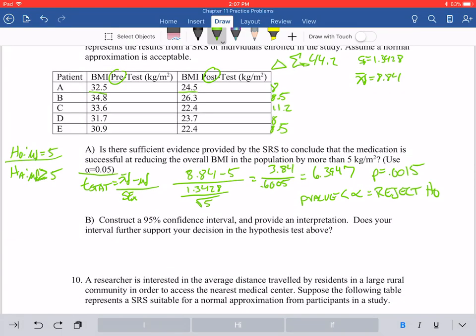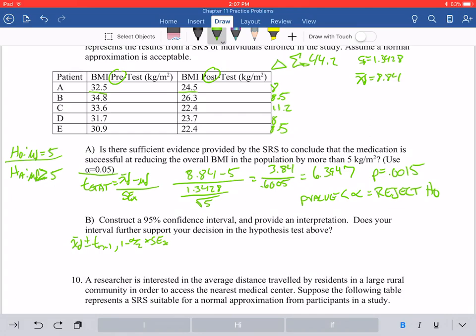We're going to construct a 95% confidence interval and provide an interpretation for it, and does this interval further support your decision in the hypothesis test above. So when we construct our confidence interval, just like we were doing before, it's our x bar delta plus or minus t of n minus 1, comma, the cumulative probability of 1 minus alpha over 2, times the standard error of x.